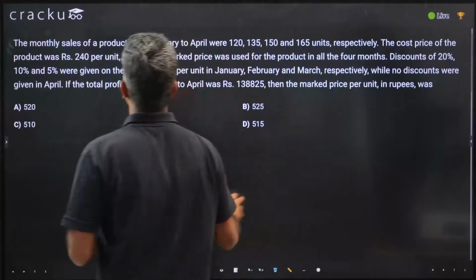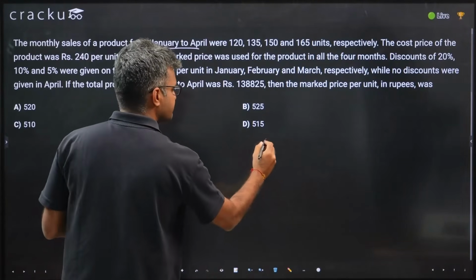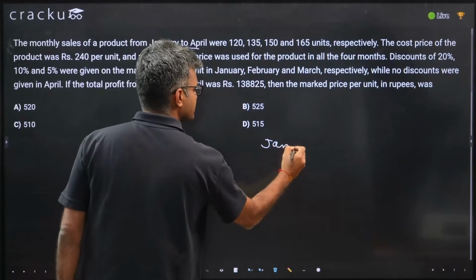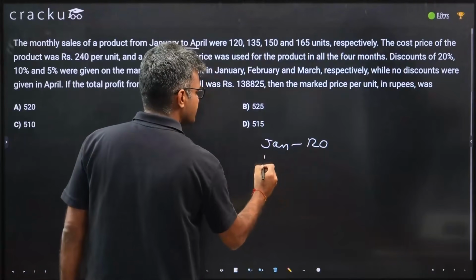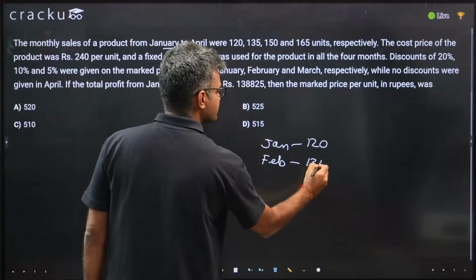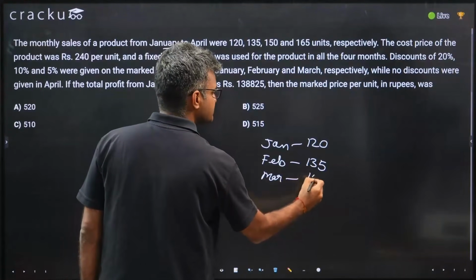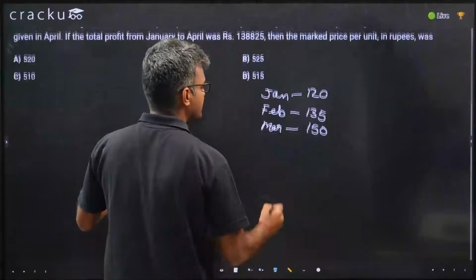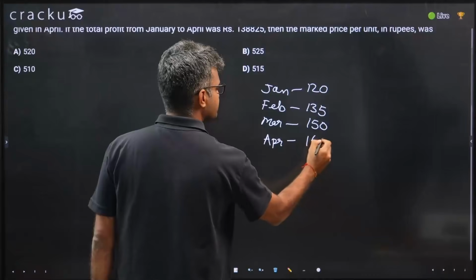So here the monthly sales of a product are given from January to April. In January, the number of products sold is 120. In February, 135. In March, 150. And in April, it is 165.